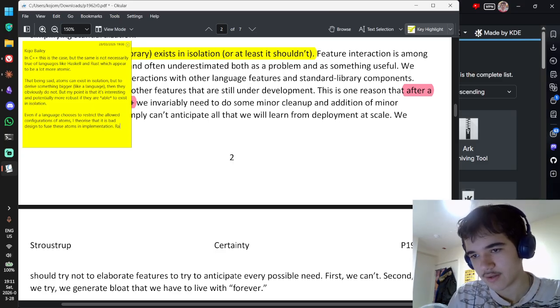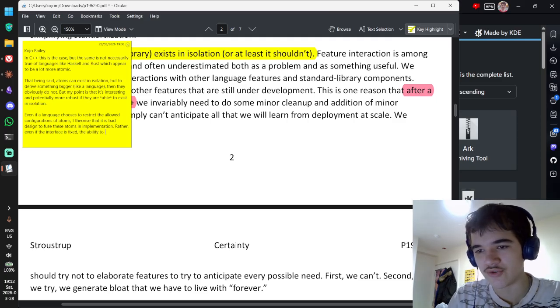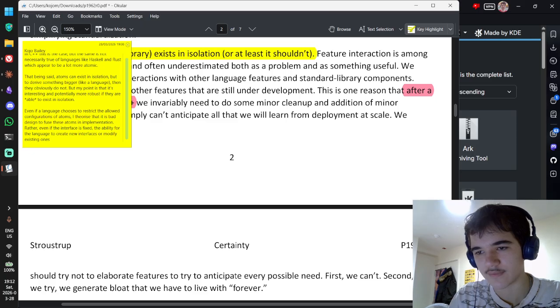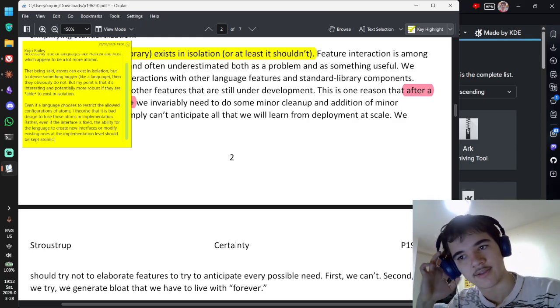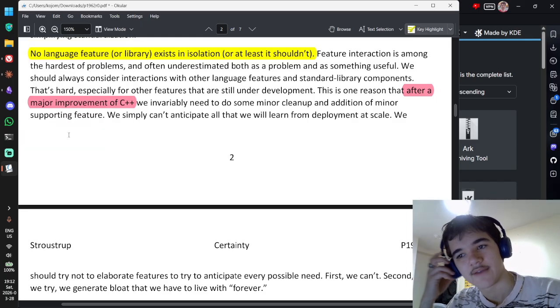Rather, even if the interface is fixed, the ability for the language to create new interfaces or modify existing ones at the implementation level should be kept atomic. So that's a summary of my thoughts.